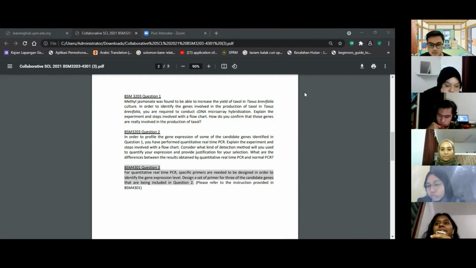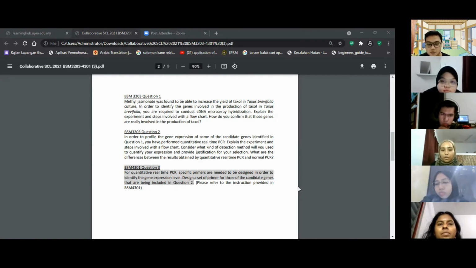Then, guys, what are the differences between real-time PCR and normal PCR? I think for the results, validity and reliability, RT-PCR results are more accurate and require less time than PCR. For normal PCR we want to amplify, while real-time PCR is more about quantitating the product.